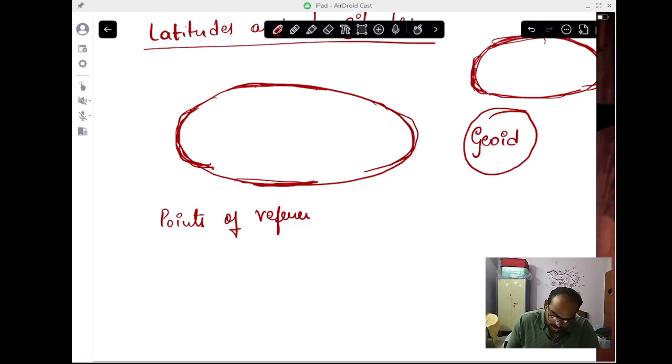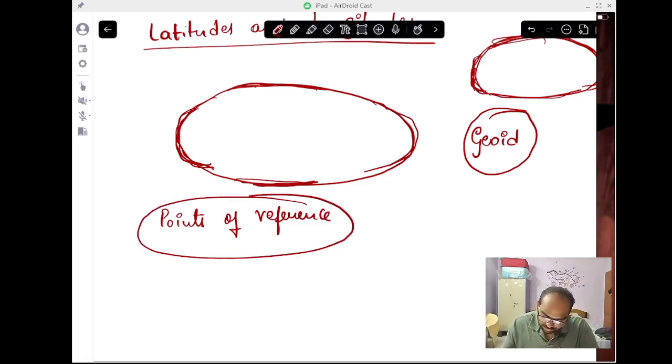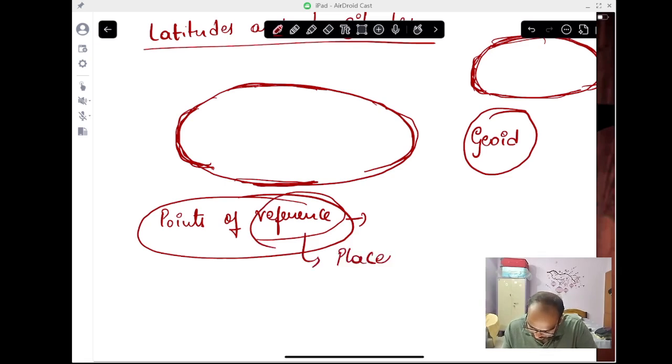That means we refer to places on Earth, or locate places, by using latitudes and longitudes.